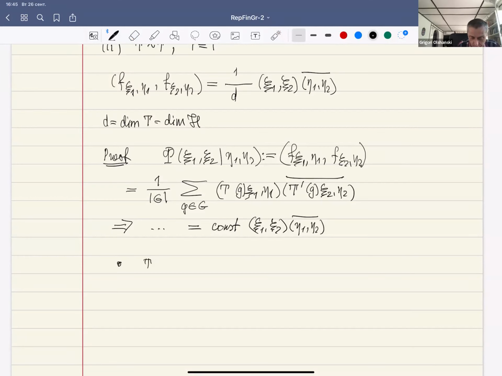if T is non-equivalent to T prime. This means that, first of all, this makes no sense. Even this representation is absurd. So I would like to say that if representations are non-equivalent, then phi is 0.